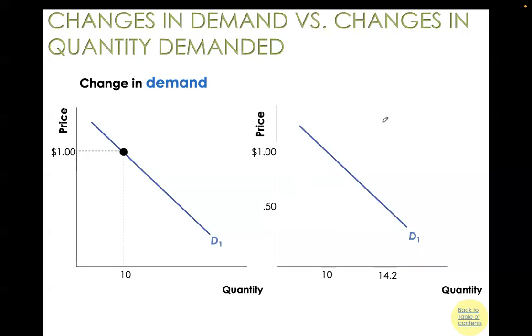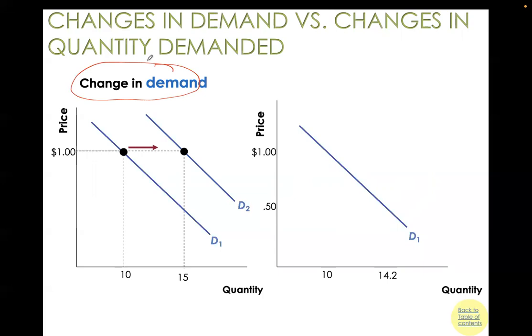On the left-hand side, this is the change in demand. What that means is, even with the price kept at $1, now the quantity demanded will increase from 10 to 15.